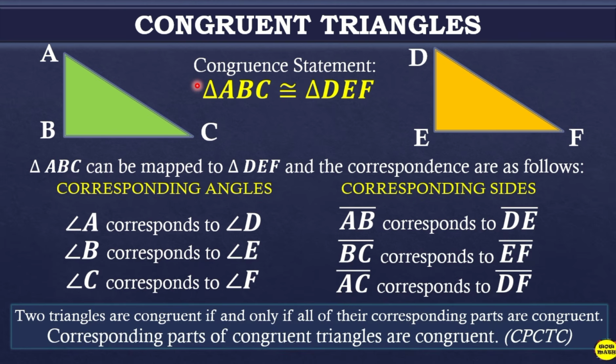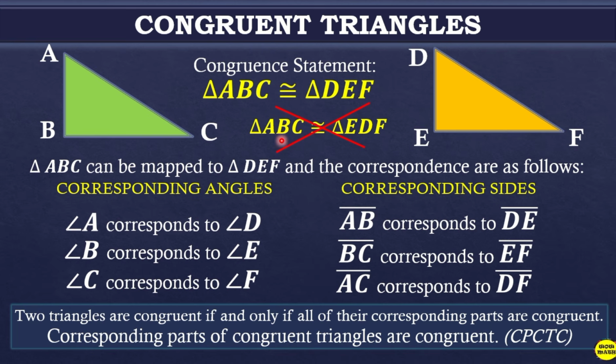Now, what if I have triangle ABC is congruent to triangle EDF? Is this correct? No. So, dito papasok yung corresponding angles and sides. Kaya natin tinitingnan yung corresponding angles and sides, kaya tayo nagro-rotate and then chine-check natin yung overlapping ng ating triangles.